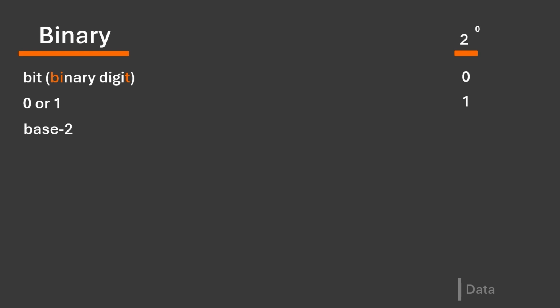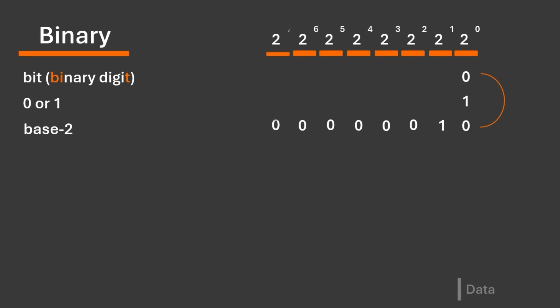Let's look at how to count in binary. To count one number up in binary, you place a 1 to the left of the first digit and reset all the digits on the right to 0. We get 10. This is equal to 2 in decimal. We can represent this 2-digit binary number in an 8-bit format by filling in the remaining 6 empty spaces on the left with zeros.